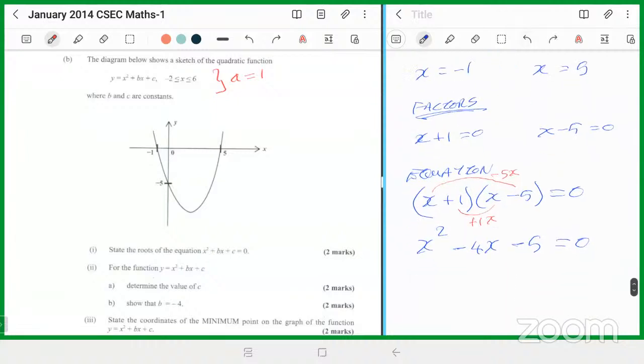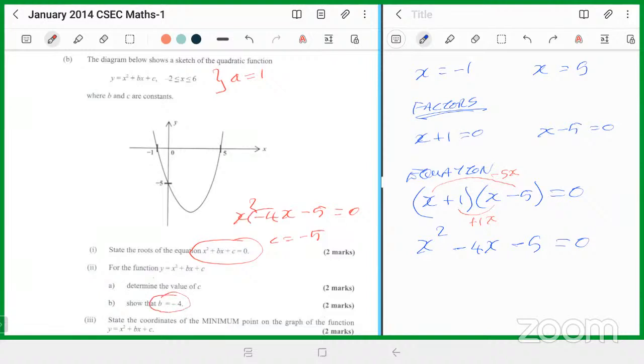That is the equation, guys. You see this equation that they gave us? It is actually x squared minus 4x minus 5 equals 0. So therefore, the c is -5, which we could also see from the y-axis intercept there. And they say show that the b is -4, which we got here.